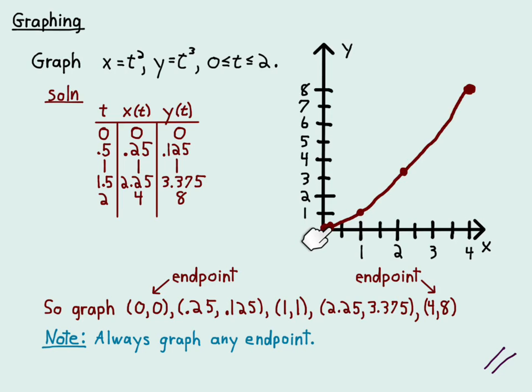Time 0.5, you're here. Time 1, you're here. Time 1.5, you're here. And time 2, you're here. So along this path, you're actually accelerating. You're going faster and faster as you go out. This is time 2. Say 2 seconds, just for the heck of it.